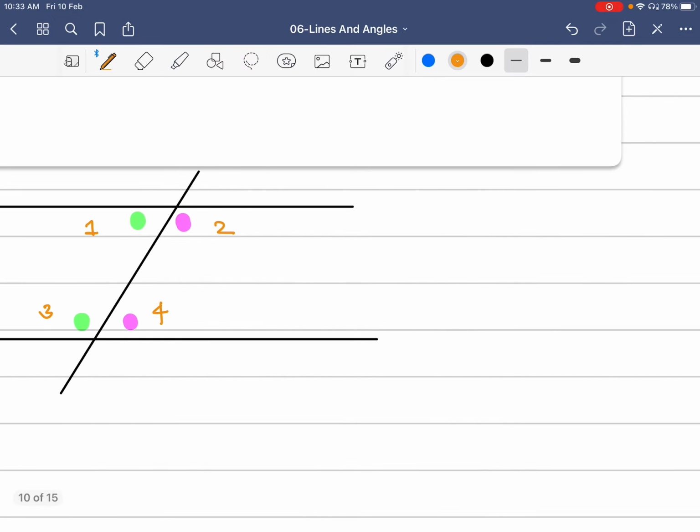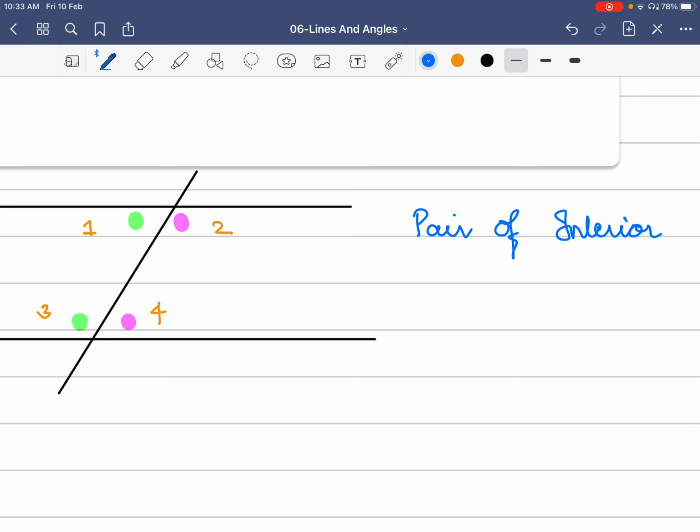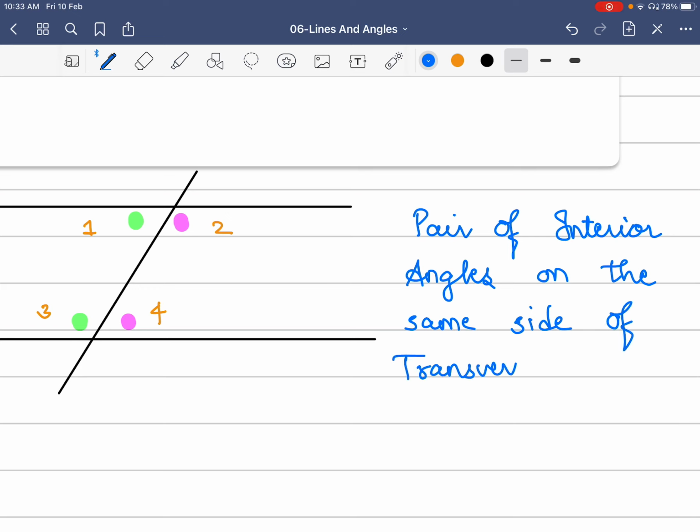So pair of interior angles on the same side of transversal. Same side of transversal is an important term.